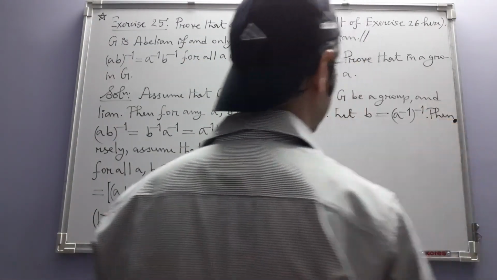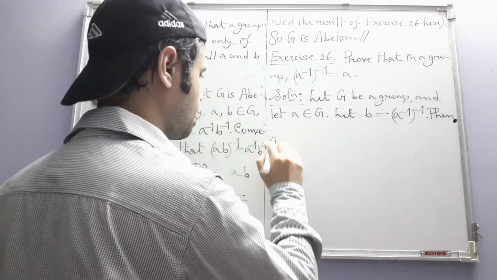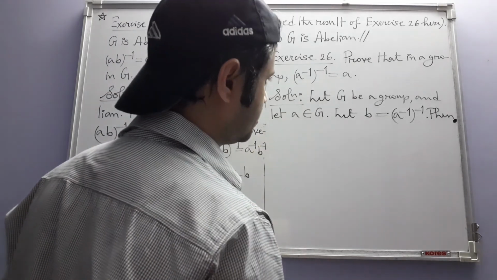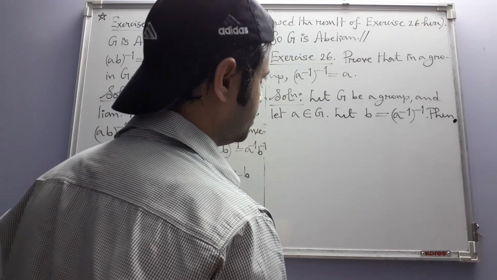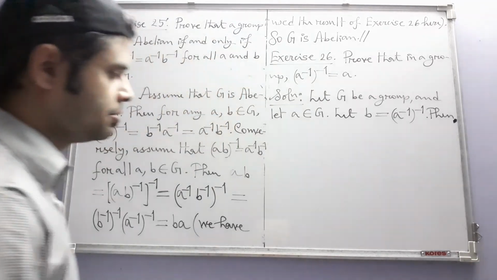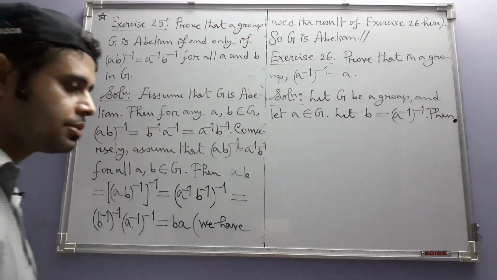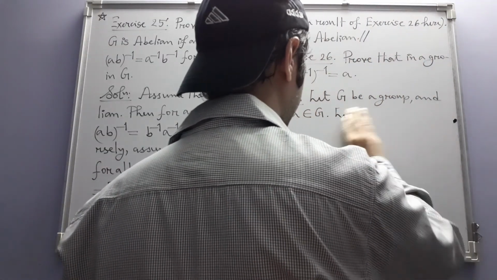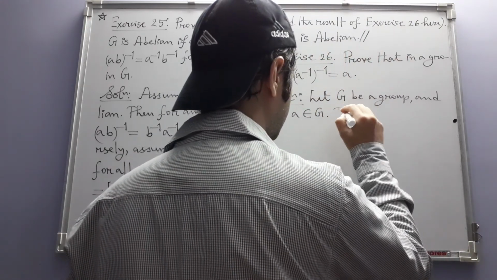Then note that B is equal to A inverse inverse. So that means what? There is no advantage in calling this element something like B. Instead, let us observe this.